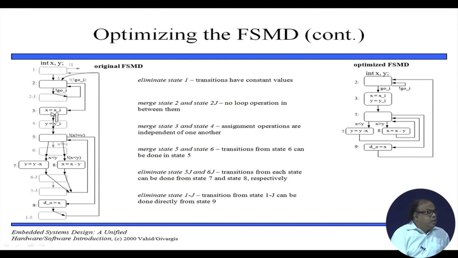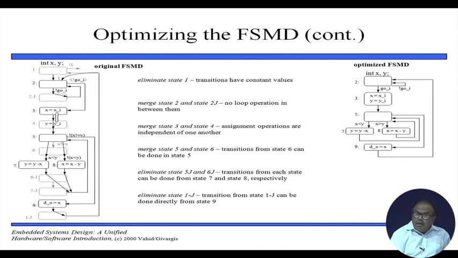Next, 3 and 4. These were 2 distinct steps in my algorithm, and accordingly I had kept them as computational states. Now, I can straightway merge these two, and in one state I can do two computations.